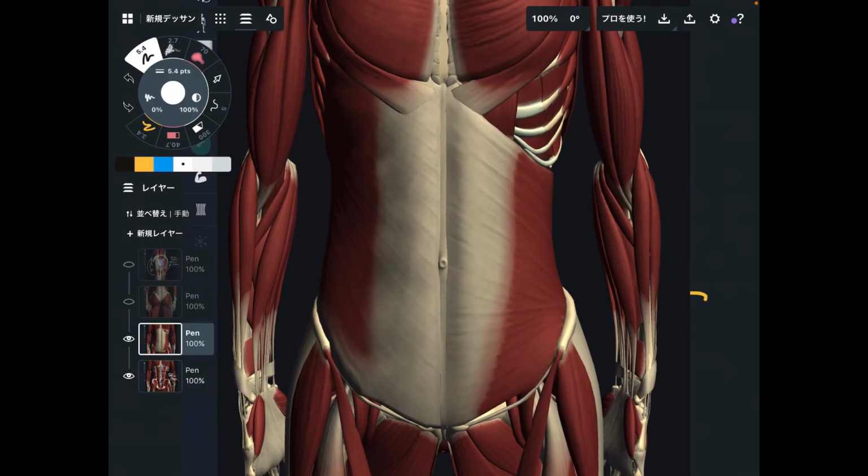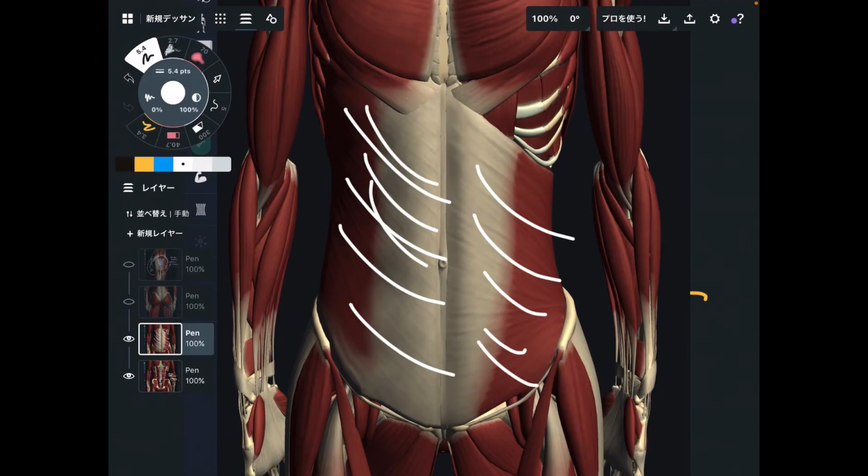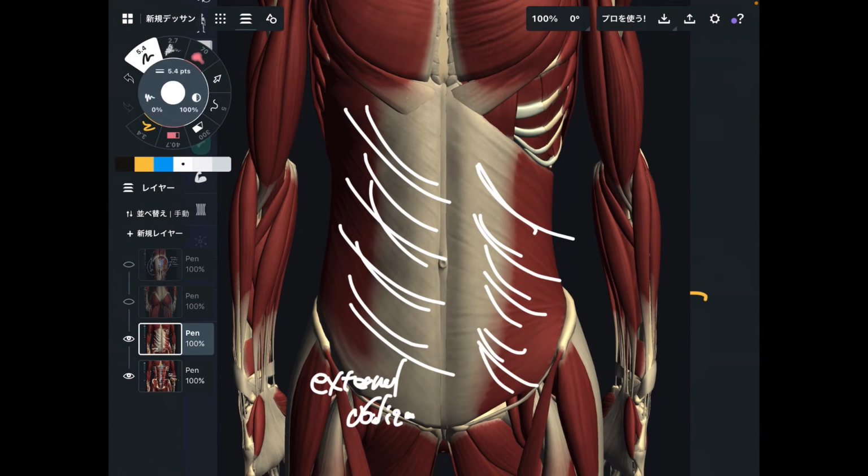Alright, any other muscles? Here are two muscles. On this side, this is external oblique. And on this side, I'm showing you internal oblique. Okay, external oblique and internal oblique. Internal oblique is deep to external oblique.